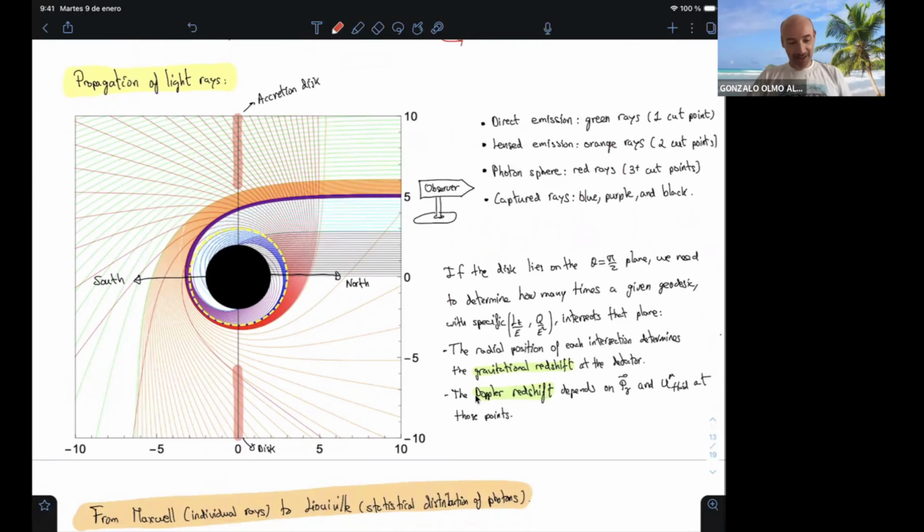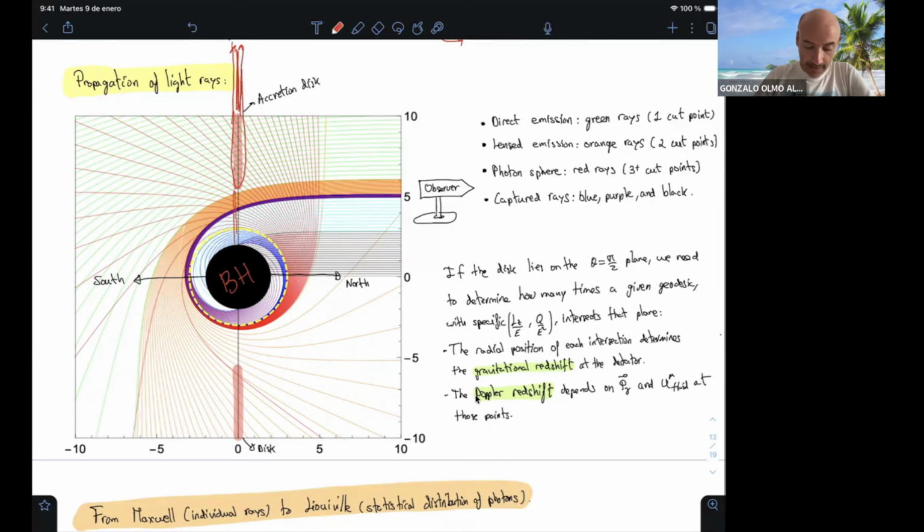This is a representation of geodesics in Schwarzschild. This guy in the middle is a black hole. It's evident. This red thing that we are representing here actually should be infinite. This represents the accretion disk. The accretion disk could be extended everywhere, it could even fall into the black hole.